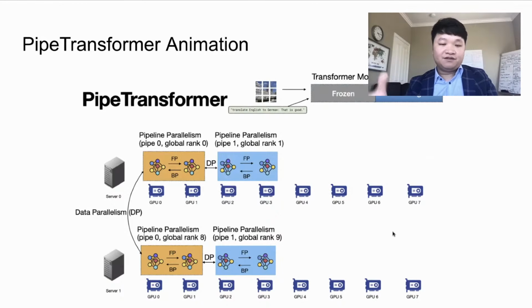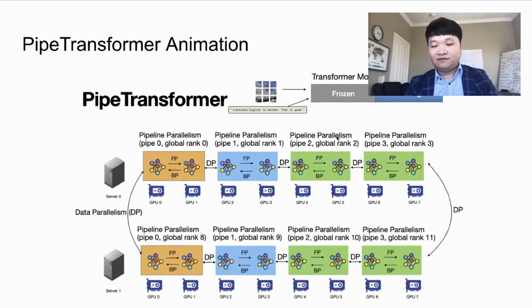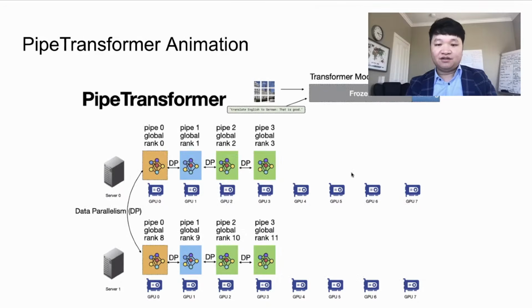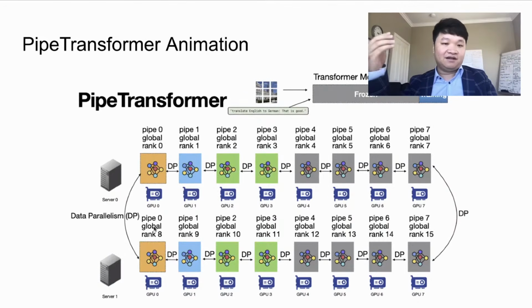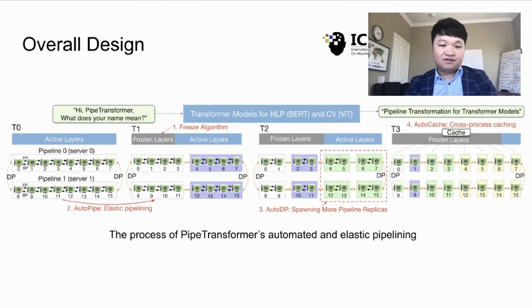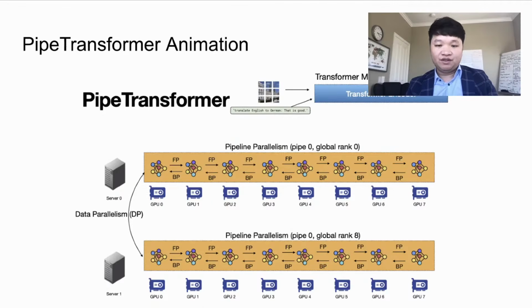Then we can further shrink pipelines as the frozen layer number increases. We shrink the pipelines into two and add two additional pipelines, which can further accelerate the training, and further shrink. Finally, you can find that it becomes pure data parallelism. So this is a very interesting system operation that you can see shrink.